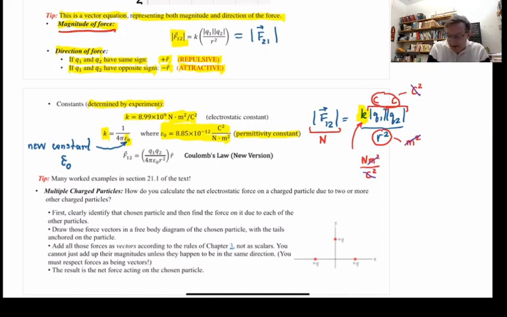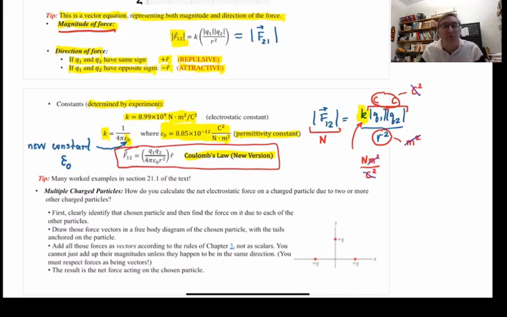If we use that notation introducing that new constant epsilon 0, the permittivity constant, here's the new version of Coulomb's law, the version that I would say most physicists would use, right here. The electrostatic force on 1 due to 2, F12 arrow, is Q1 times Q2 over 4 pi epsilon 0 r squared, all times r hat.